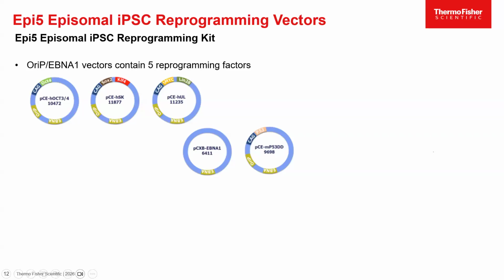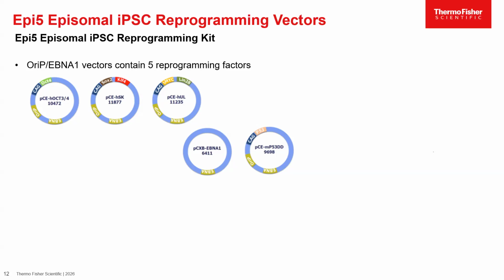The reason for this is that even though those four factors are sufficient to reprogram the cells, the reprogramming efficiencies when they were first described were very, very low, like 0.001%. Since then, we have figured out different ways, and Jordan, I think you asked this question, to optimize the reprogramming efficiency by adding a few more factors.